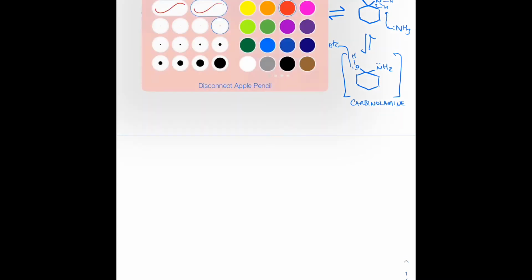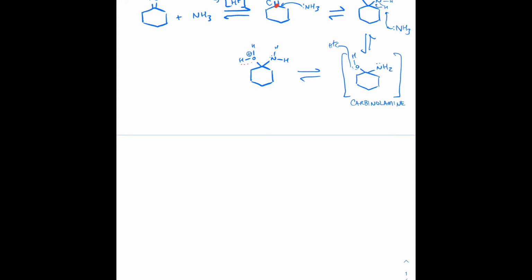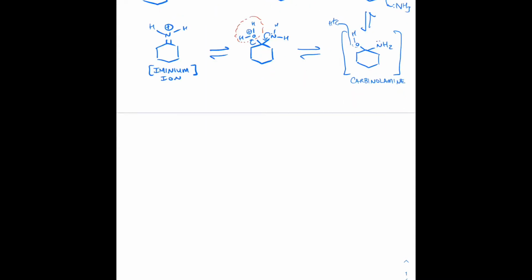Now formation of that pi bond with the nitrogen's lone pair will kick that water out and form something called an iminium ion.